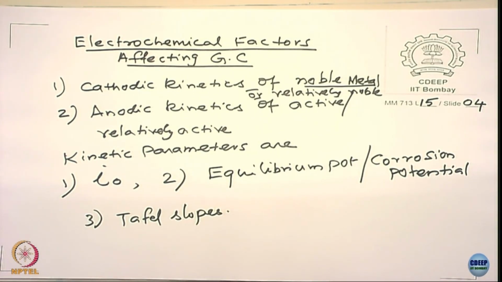So if you look for this information with respect to the relatively active metal and the relatively noble metal, and you get these parameters, you can calculate the galvanic corrosion rate of the relatively active metal. That can be done without much difficulty. Any questions here?